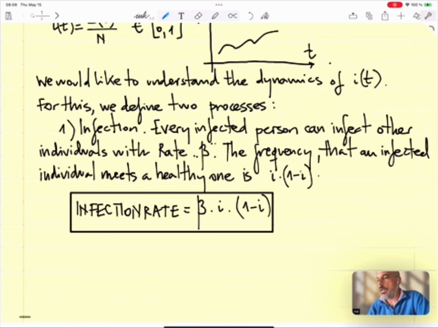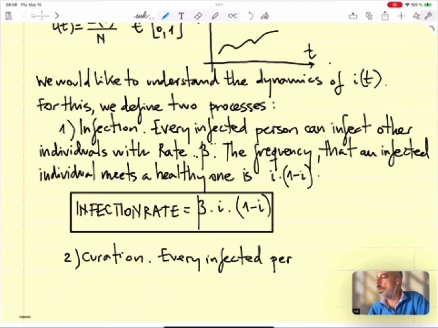Good. Then there's the other process of curation. Every infected person can get cured. Okay.